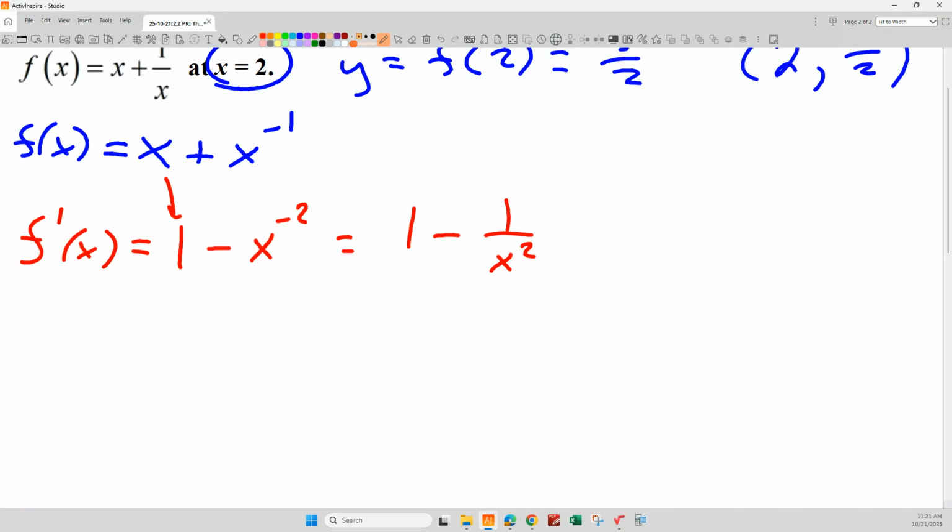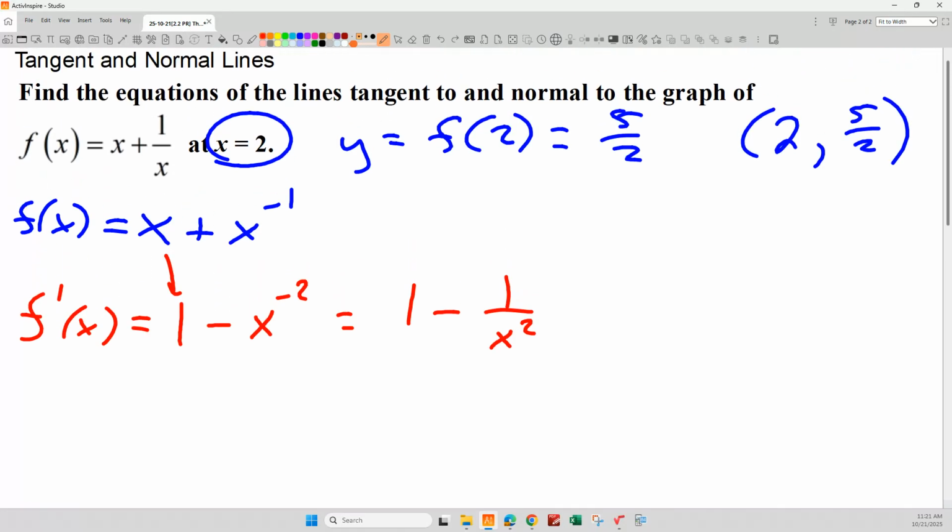Okay? So the slope of the tangent line then, what would I have to do to find the slope of the tangent line? How am I going to use my new derivative function that I just calculated? Yeah, so I'm evaluating it at 2, right?